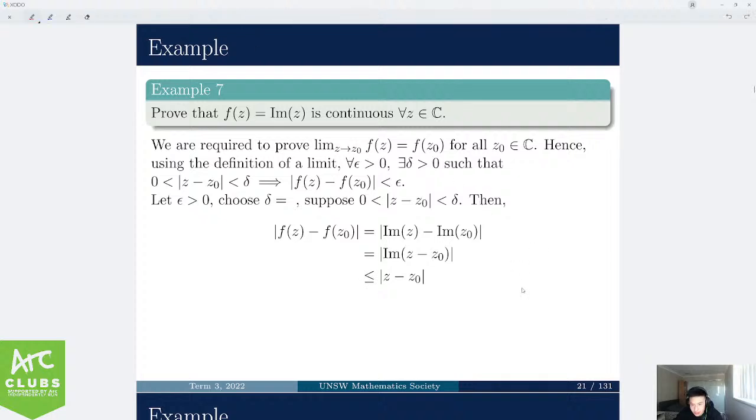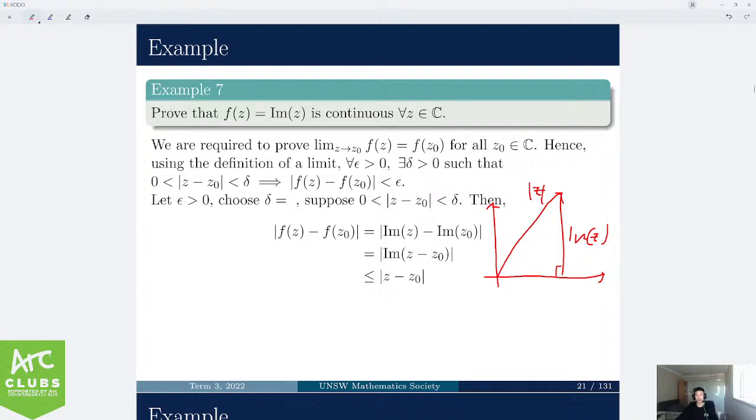Just a quick geometric proof for this. So if this is the number z, then the length is going to be the modulus of z. And the imaginary part of z represents this length over here.